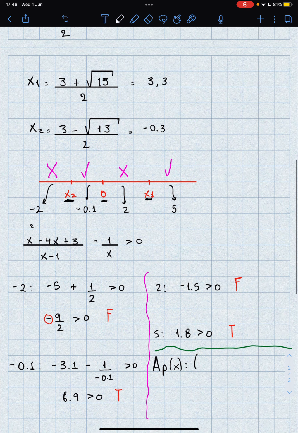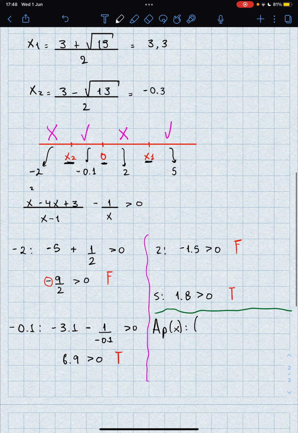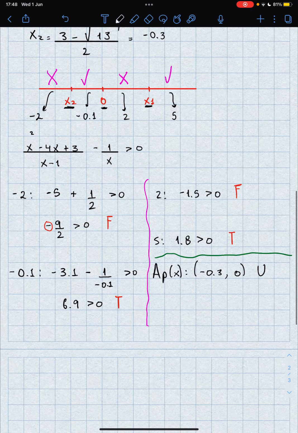What is x2? x2 is going to be minus 0.3 to 0. It's a union, right? Just so we say that you're gonna add these intervals.